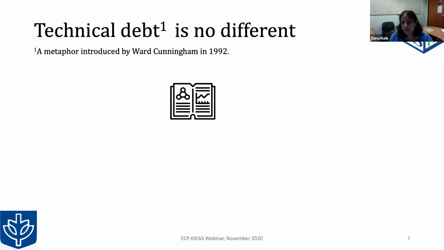Now, technical debt, which was introduced by Ward Cunningham in 1992, is no different. In science, the commodity is our scientific publication. And how do I get that publication faster or sooner?